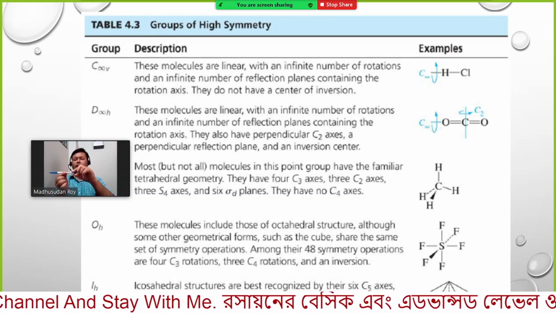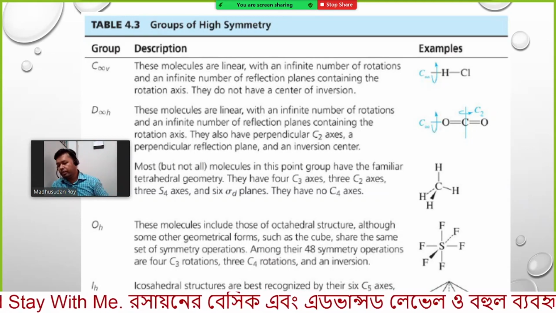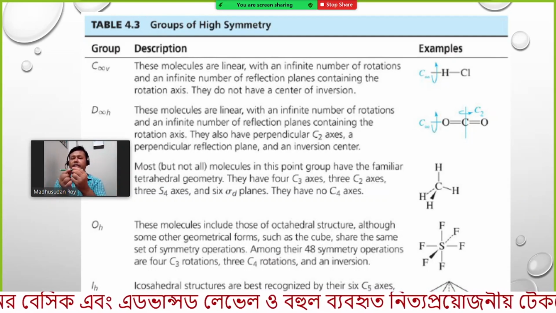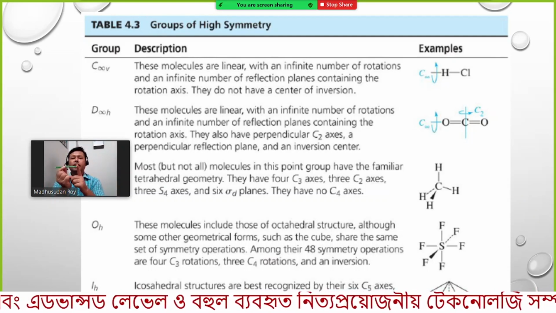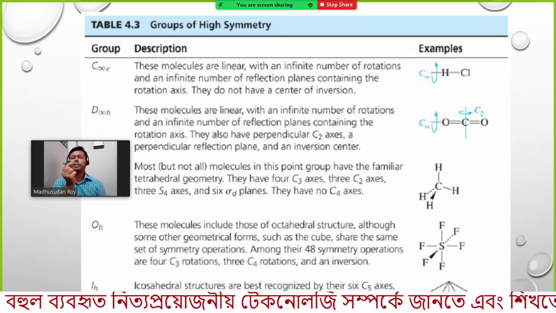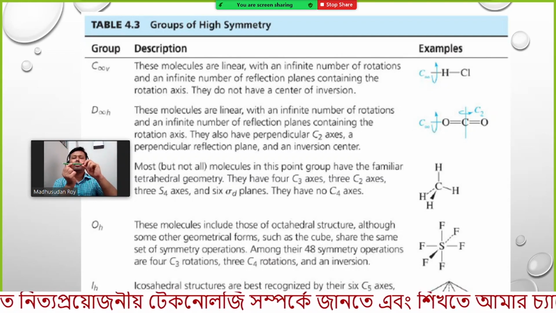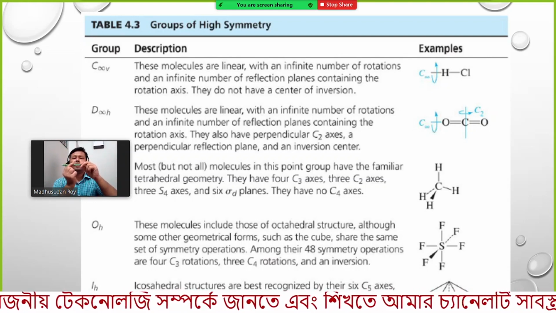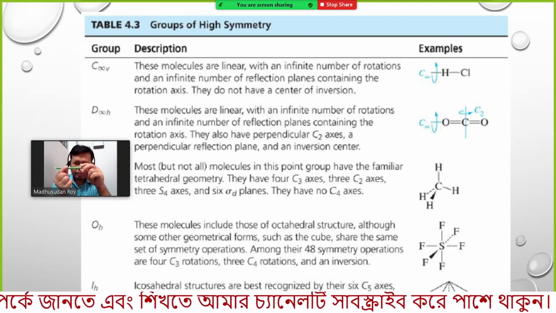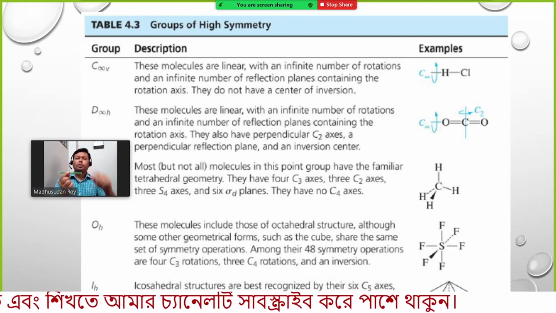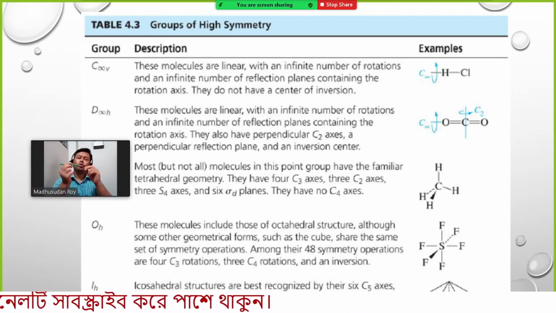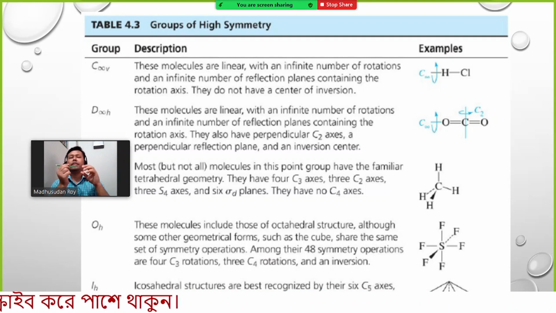Maybe consider this is hydrogen, this is chlorine. If you consider this is a molecule, you can rotate it any way, like this. You can rotate the molecule by 1 degree, 2 degree, 50 degree, 30 degree, whatever.